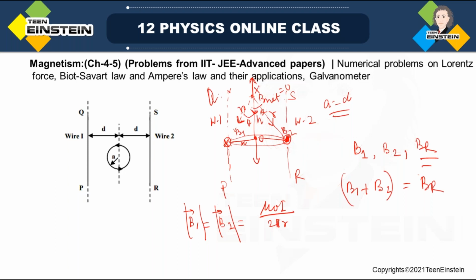Okay, there will be obviously a pi mu0 I into pi a square. So due to this, it is actually mu 0 I pi a square divided by (a square plus h square) to the power 3 by 2.